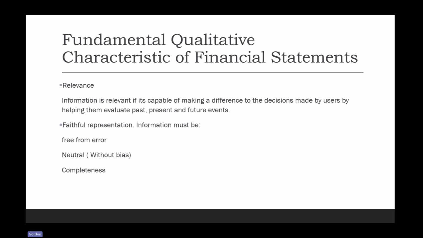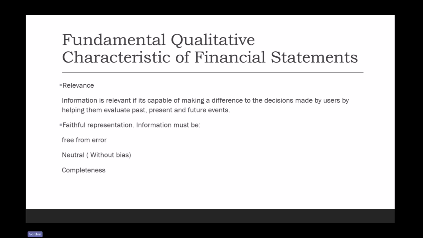So the framework that governs the preparation of financial statements says that before you can recognize something as an asset on your balance sheet, first, it must meet the definition of an asset. That's what we have just studied: a resource controlled by an entity as a result of a past event from which future economic benefit will flow. That's the definition. Secondly, it must pass what is called a recognition criteria test.